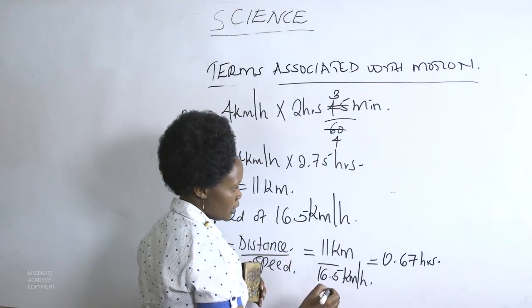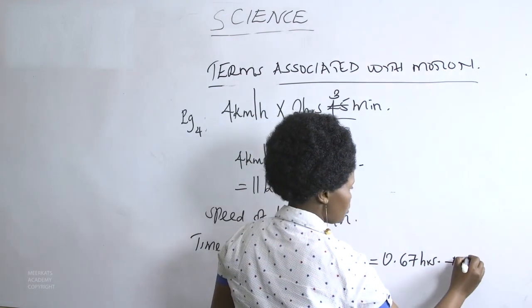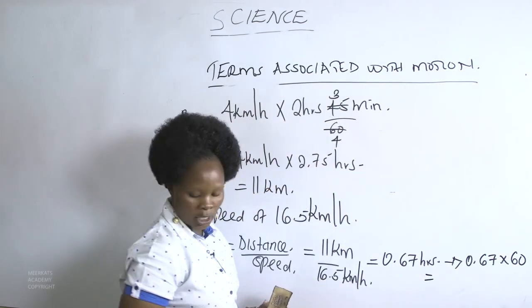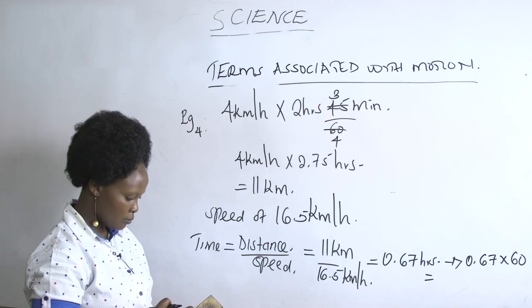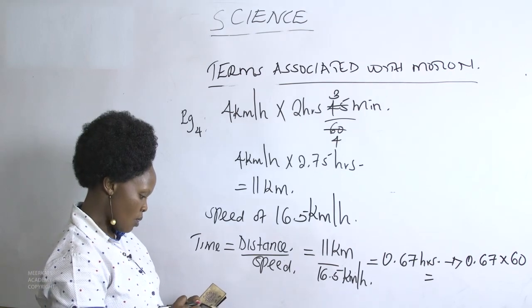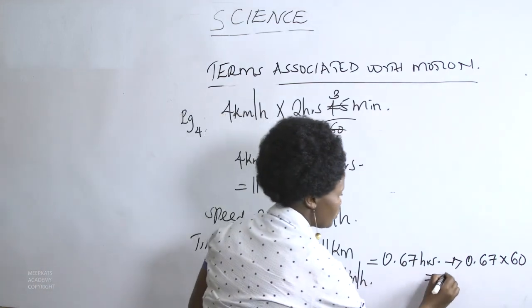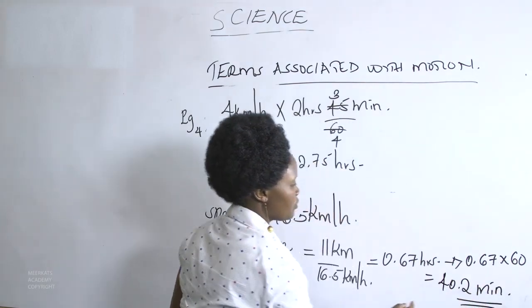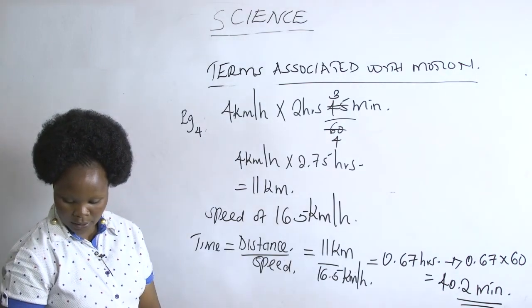Or if you may, you can decide to multiply by 60 to make it minutes. It's allowed. And that one will give you 40.2 minutes. That is what you will come up with.